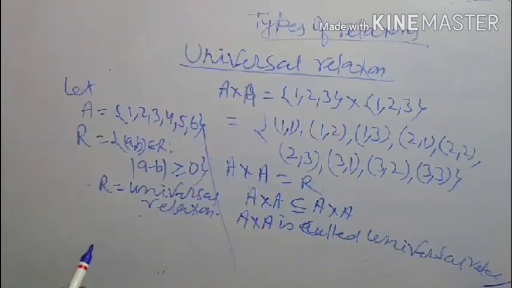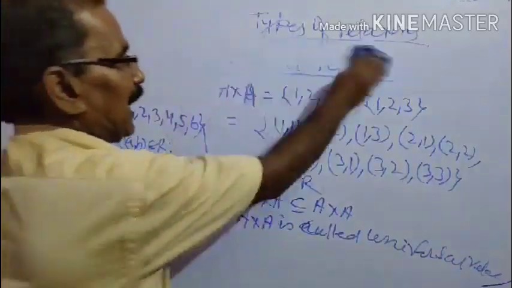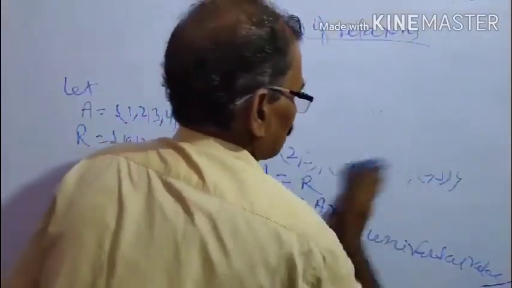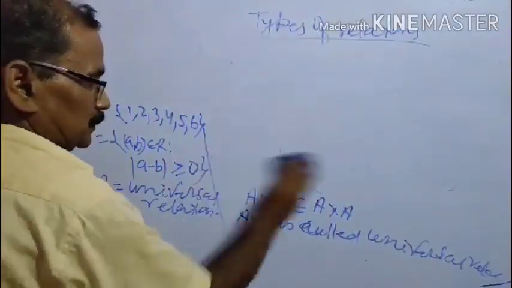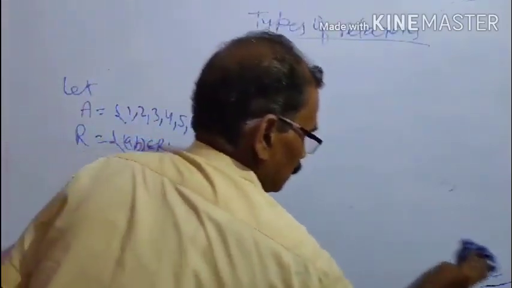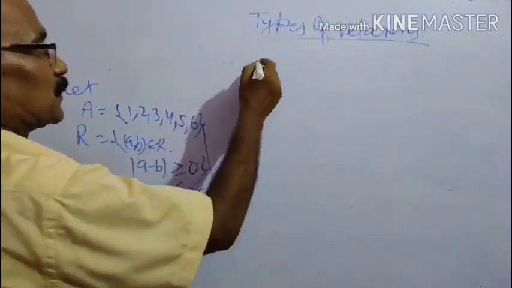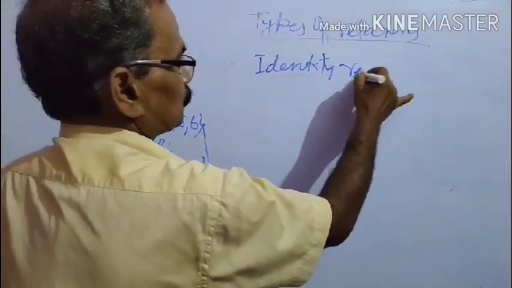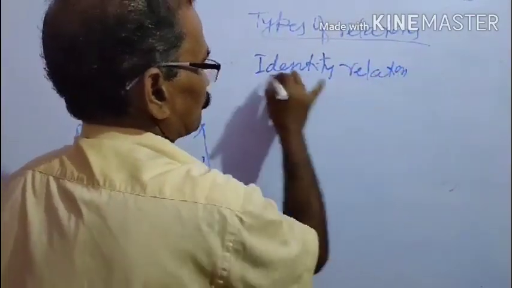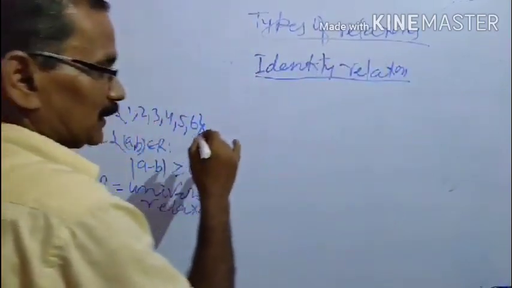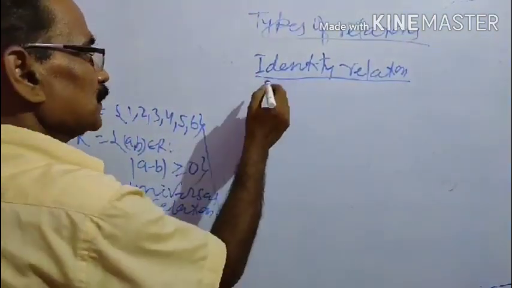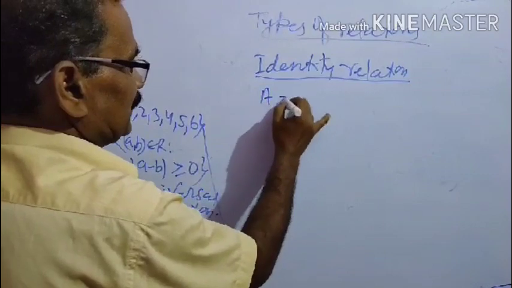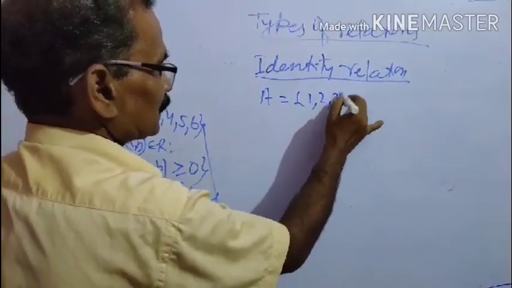Next topic, identity relation. Suppose A is equal to {1, 2, 3}.